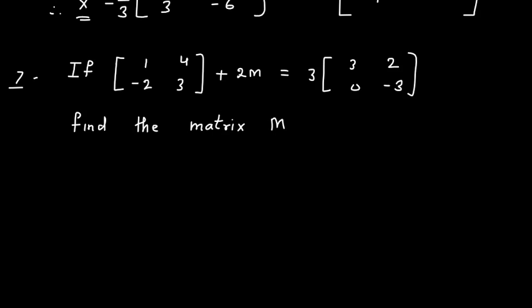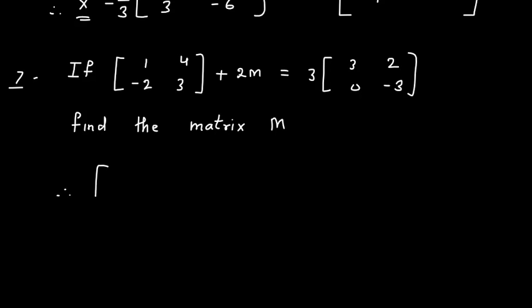This is our sixth question. Now let us see this seventh problem. Question number 7. Now seventh problem, if this matrix plus 2m is this, then find the value of m.